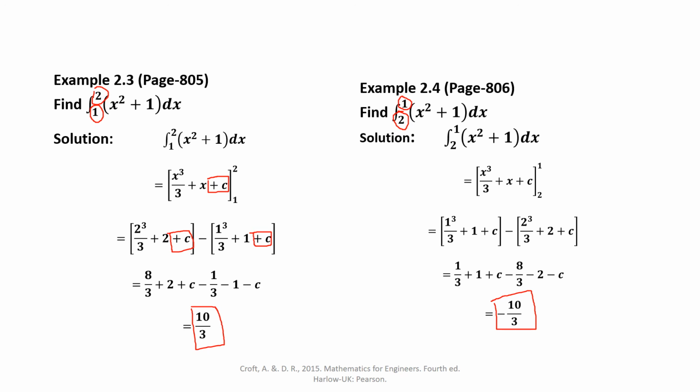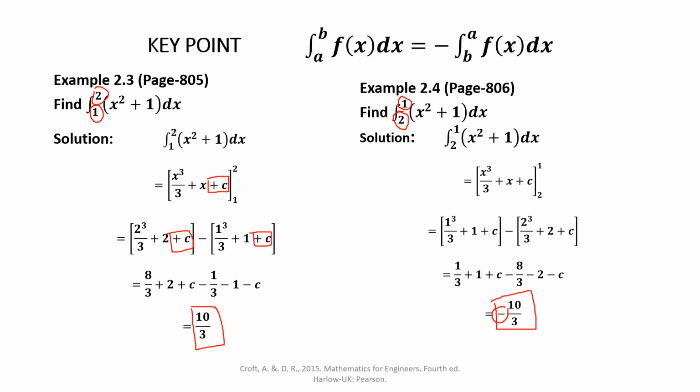So when we change the limits, the only difference will be that the answer will be negative. So this is a rule of definite integrals: if we change the limits, a negative sign will be produced in the answer. This is one of the key points you can be asked in any of the quizzes.